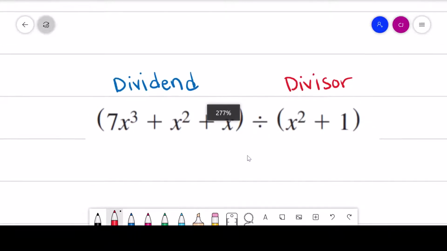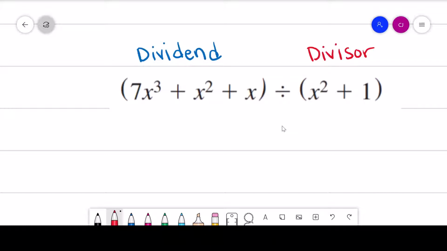So before I even write them into my division bracket, I'm going to rewrite my dividend as 7x to the third plus x to the second plus x, and then I'm going to add the 0, okay? So here you'll notice that we have x to the third, x to the second, x to the first, and then x to the 0 power, or just our integer.